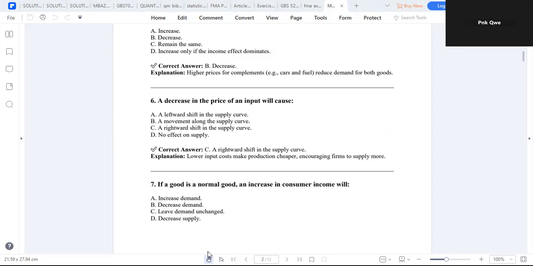If the cost of production goes down, you shift to the right. When costs become high, you shift to the left. When technology improves, you shift to the right. When technology decreases, you shift to the left. These are the principles you need to understand. So in this case, a decrease in the price of an input means the cost will go down. Are we together? Any questions so far?